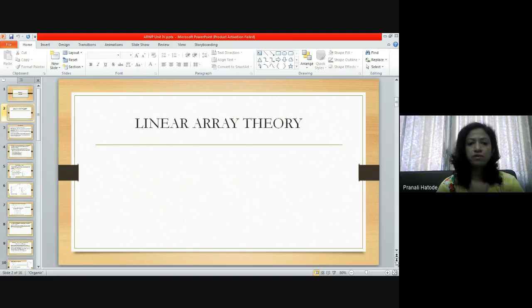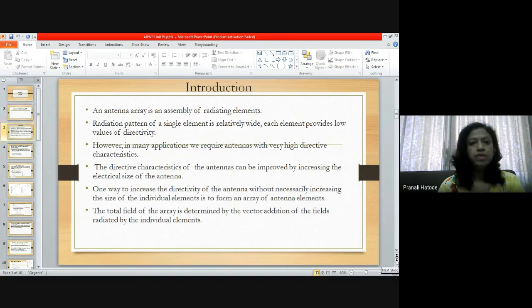Okay, before entering into all those details, first let us see what is a linear antenna array. Now, an antenna array is an assembly of radiating elements. These radiating elements could be any element.